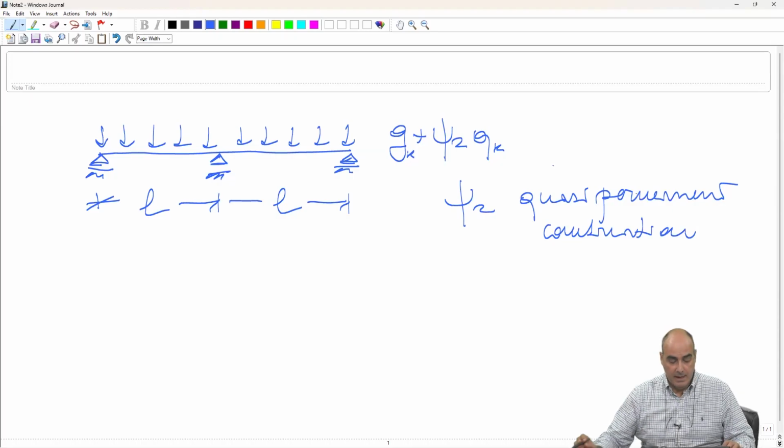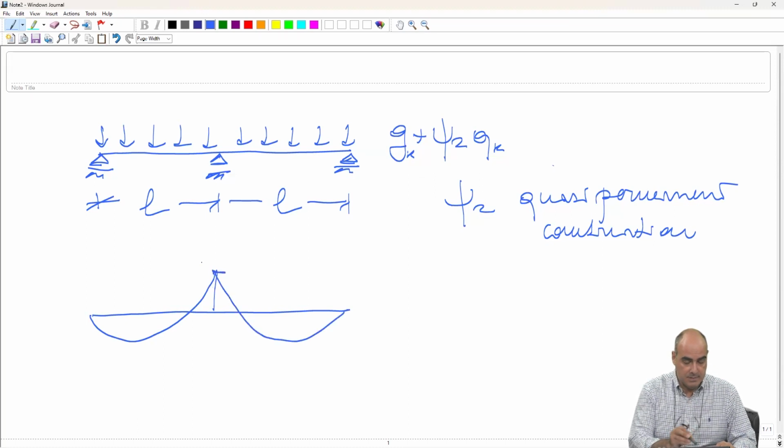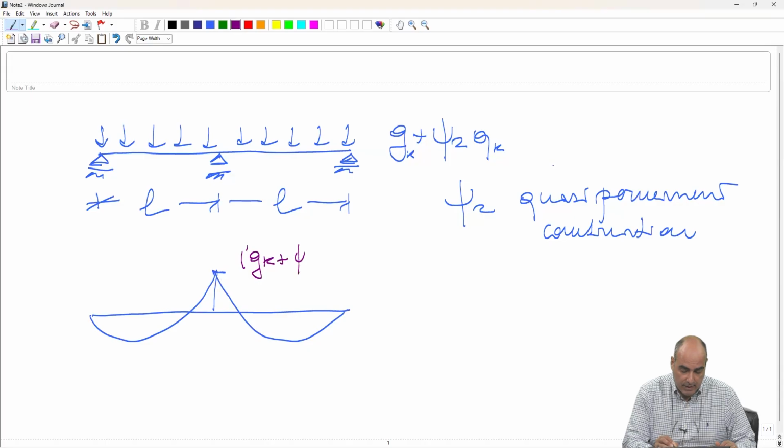Okay? Well, if you design as it is, you have a diagram of bending moment like this. And how much is this bending moment here? Hmm? Yes, it's the load, (gk plus psi2 qk) L square over 8.